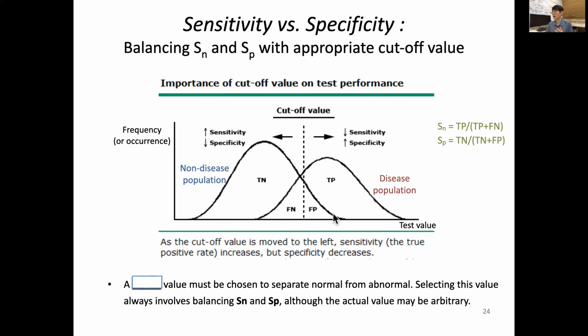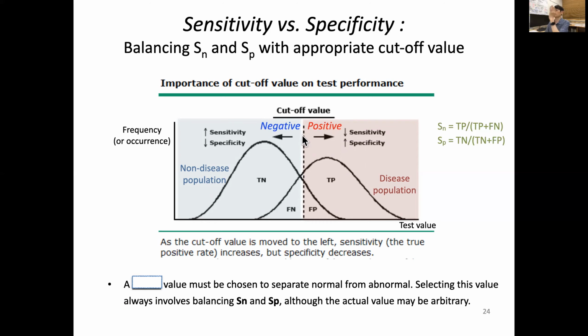You somehow draw a line: on the bigger value side of this line, you call it positive, and lower than this line, your instrument will say it's negative. What you notice is that positive includes not only the disease population but also the non-disease population. This, of course, is called false positive. For the non-disease population, the majority will be negative, but you see even the disease population can belong to negative. That means it is a false negative.